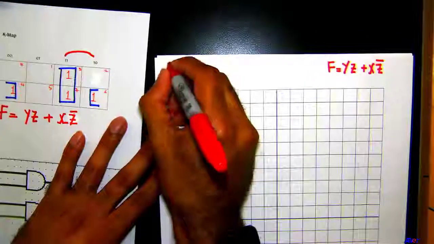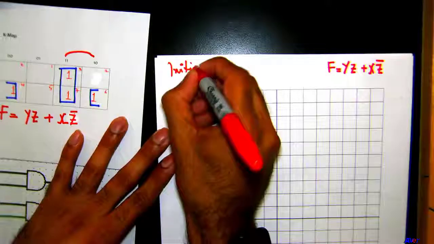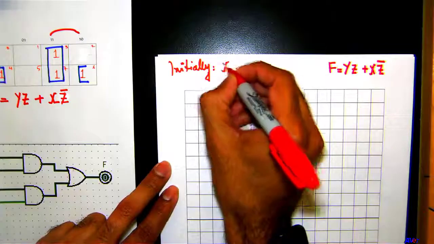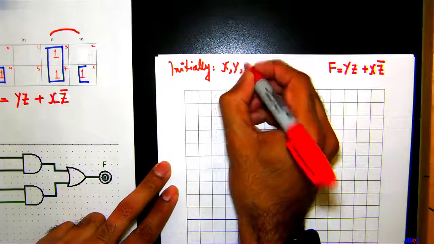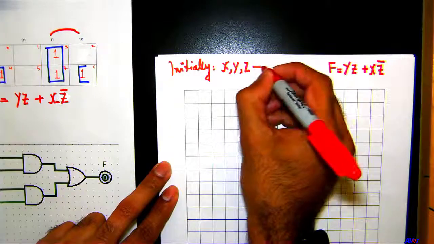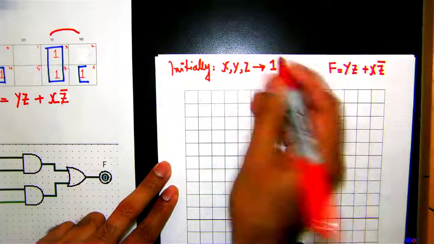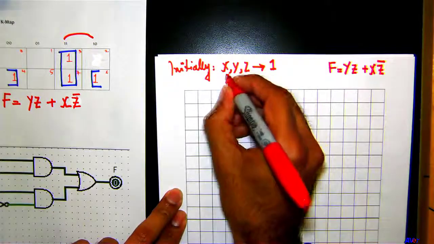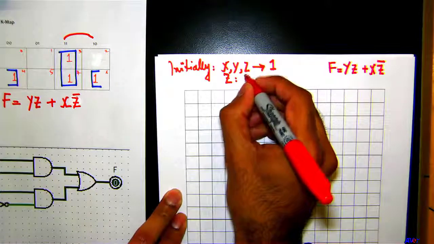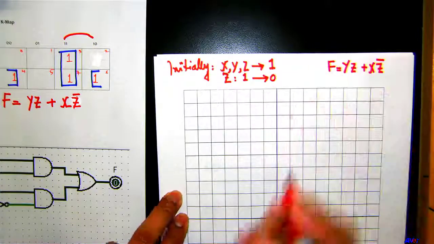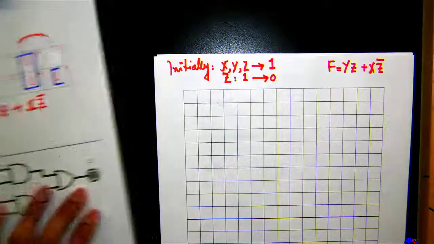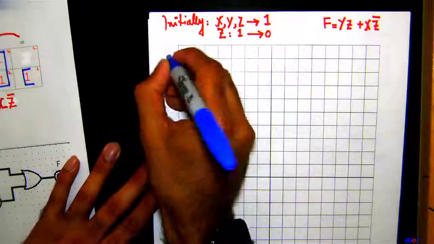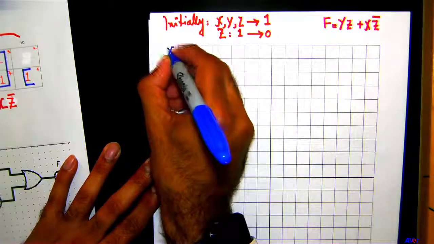Okay, initially the conditions are, we have X, Y, and Z. They are all 1. However, Z goes from 1 to 0. We'll do exactly the same way we did in the previous example. So I'm going to start with my initial values. So X is 1.